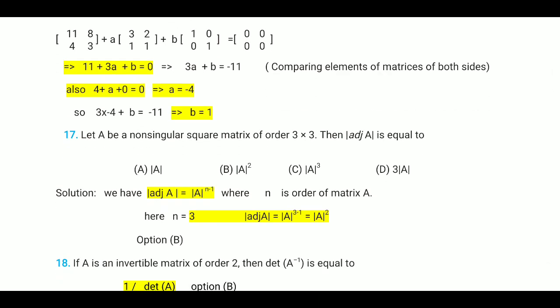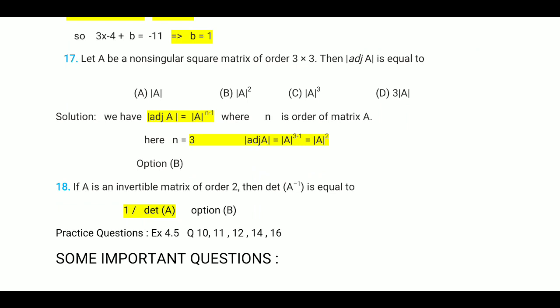First we know the formula: determinant adjoint A is equal to determinant A power n minus 1, where n is the order of matrix A. Here the order is 3. So put the value: determinant adjoint A will be equal to determinant A power 3 minus 1, that is determinant A power 2. So determinant A power 2 is in option B. So option B is correct.